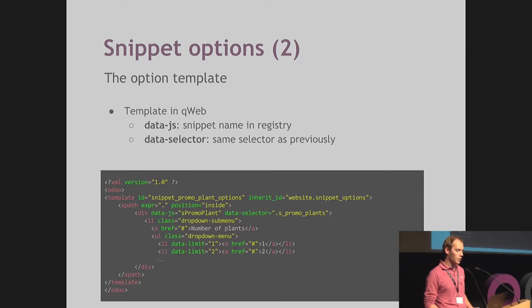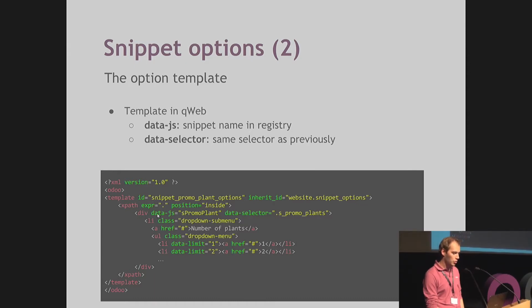As you've seen, the options are just a small list with elements like 1, 2, 3, 4. That's it. So that's what is done here, a small menu, 1, 2, 3, 4. And here I've put data-limit, and this will be used by the JavaScript to know which option has been selected and set it on the snippet.